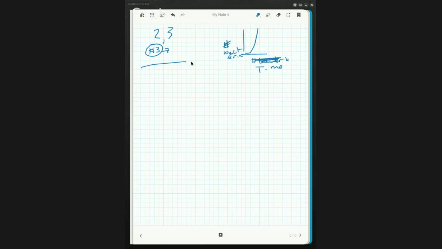So, that's kind of a messy graph, but you basically get something like y equals 2 to the x. That thing grows really fast. So watch what happens when we make this chart.